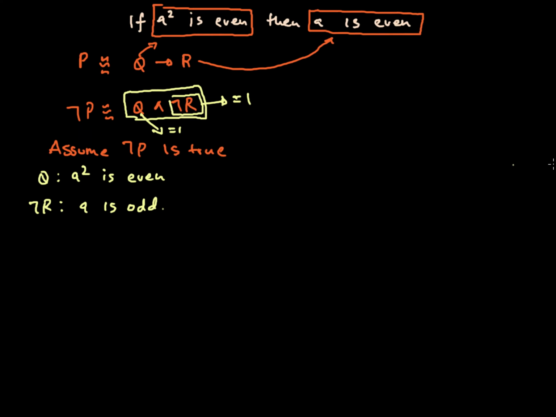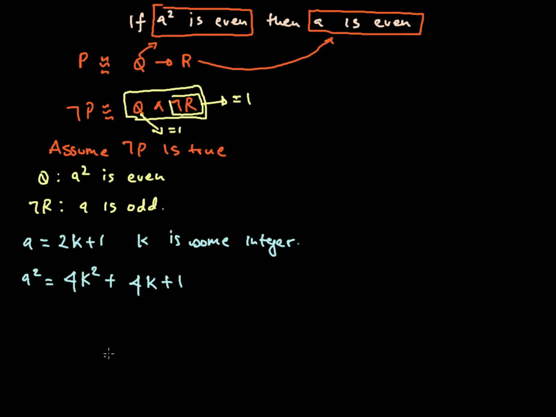Now, if the number a is odd, a can be written as 2k plus 1, where k is some integer. Every odd number can be written as 2k plus 1, where k is some integer. So if I square this, that gives you a square equals 4k square plus 4k plus 1.